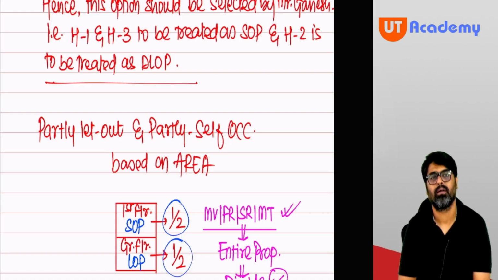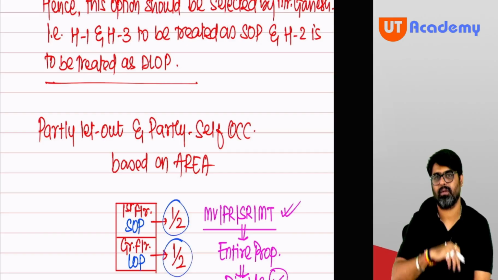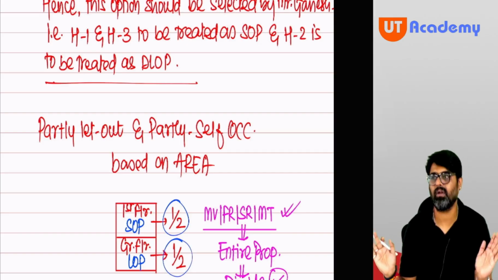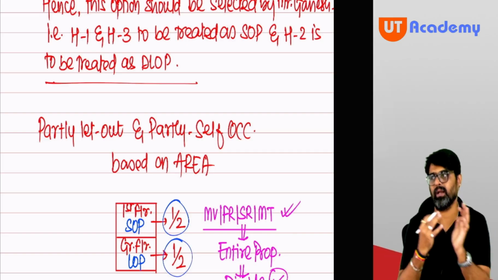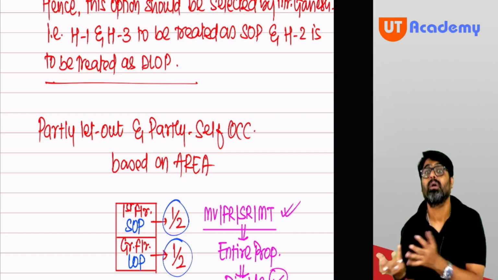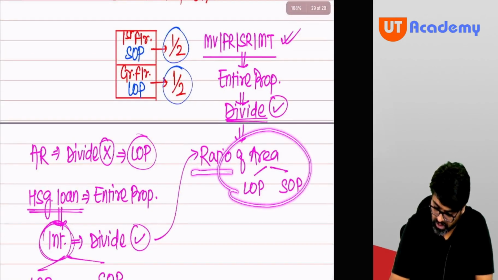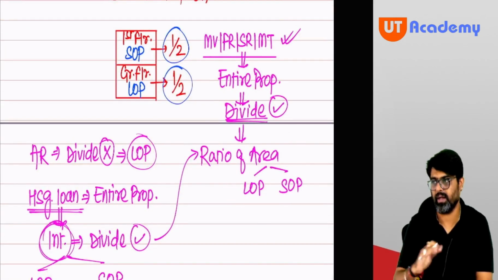But what if the housing loan was taken for the entire property? Then the interest will be related to the entire property. Even that interest I will have to bifurcate into the let out portion and the self-occupied portion, based on the ratio of area, the area which is let out and self-occupied.